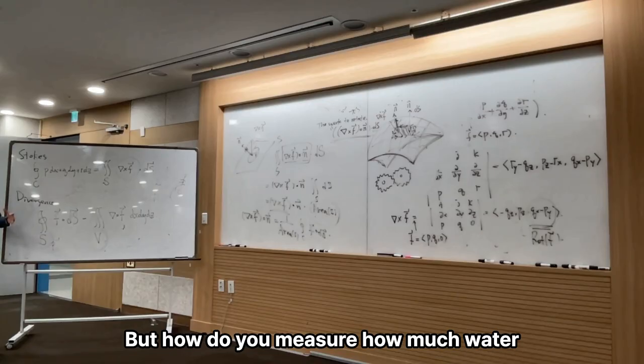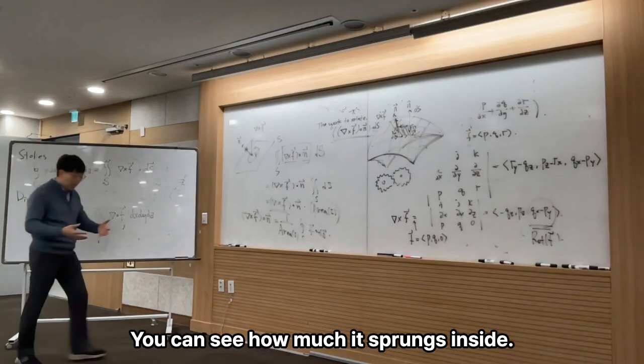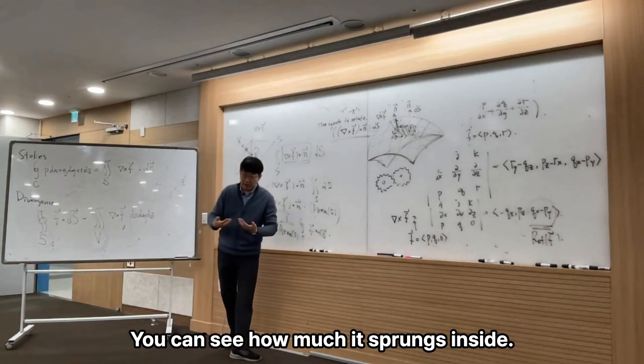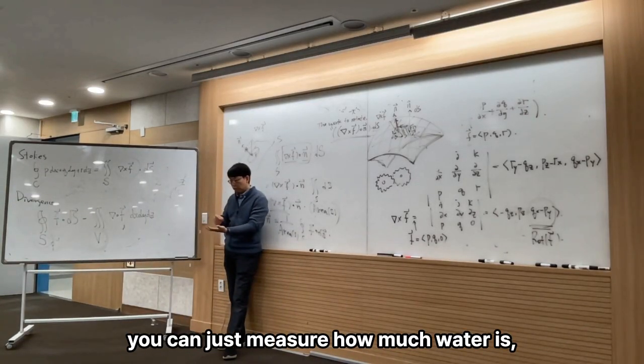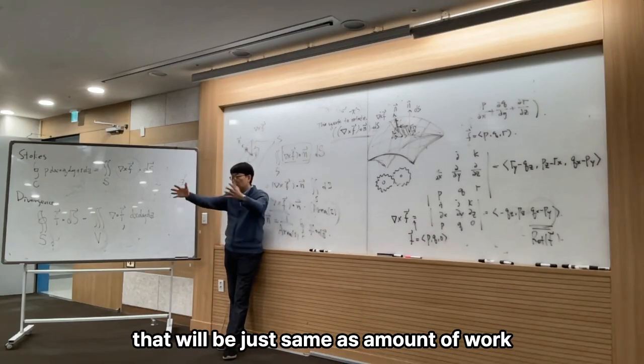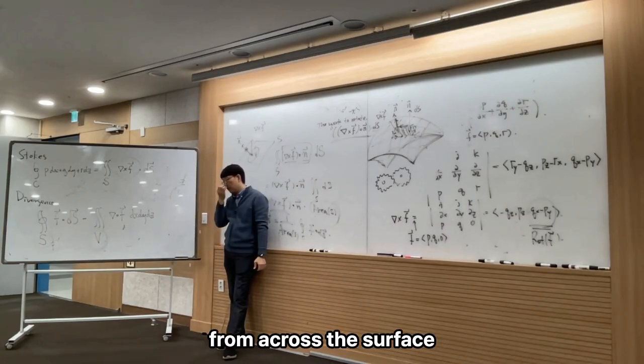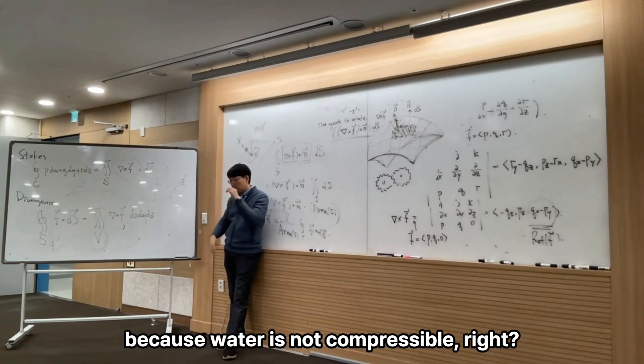But how do you measure how much water or liquid is coming out across the boundary over time? You can see how much springs up inside. If there's a fountain, you can just measure how much water is flowing into this region, and that will be the same as how much is flowing out across the surface, because water is not compressible, right?